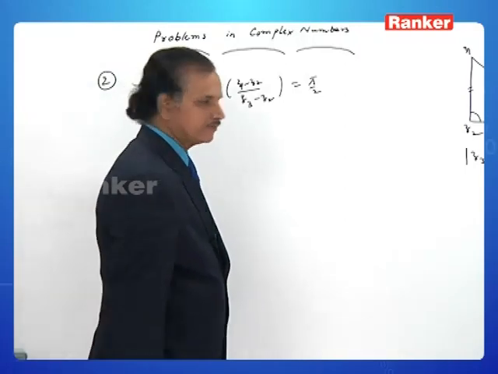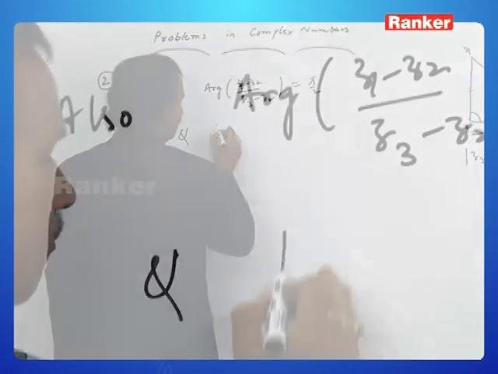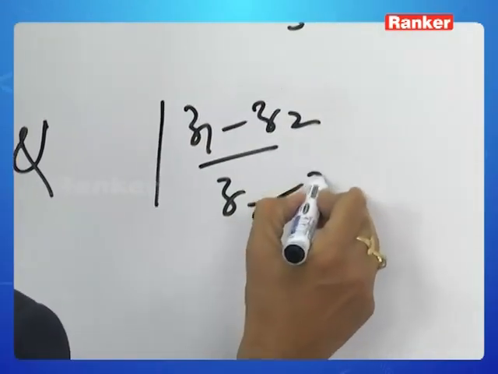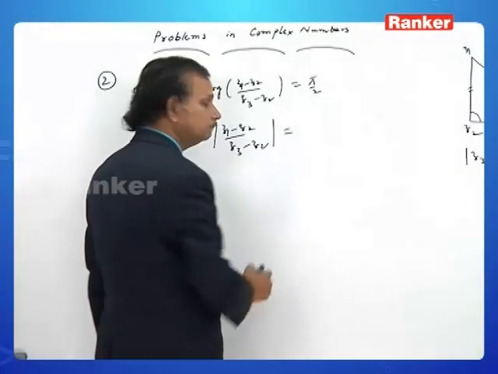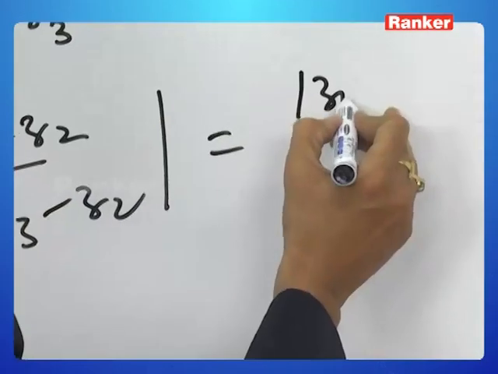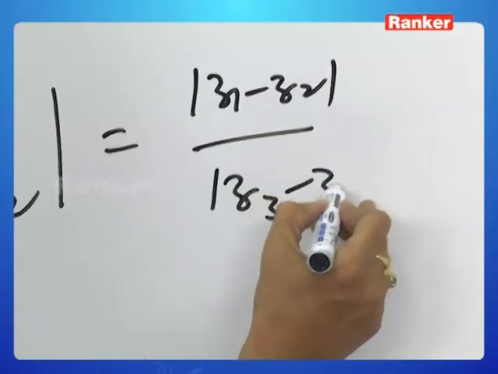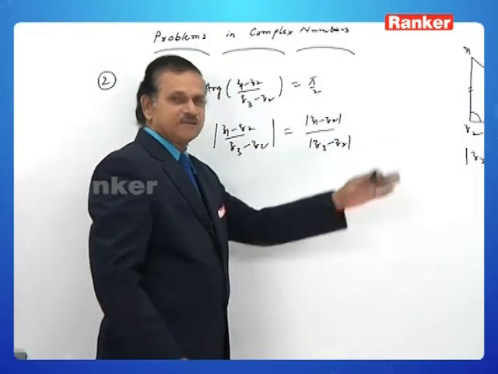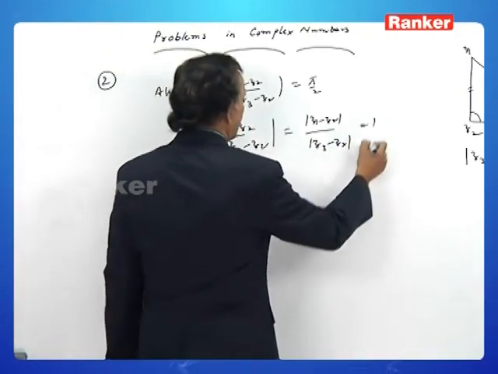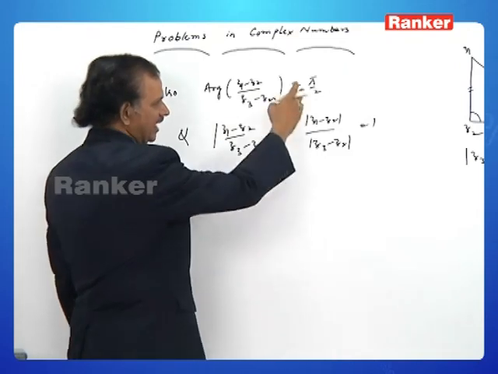Not only that, modulus of Z1 minus Z2 by Z3 minus Z2 is equal to mod Z1 minus Z2 by mod Z3 minus Z2, and from the diagram itself we see that these two are equal. They can be cancelled, leaving you 1. If you call this some Z, this is with modulus 1 and amplitude pi by 2.